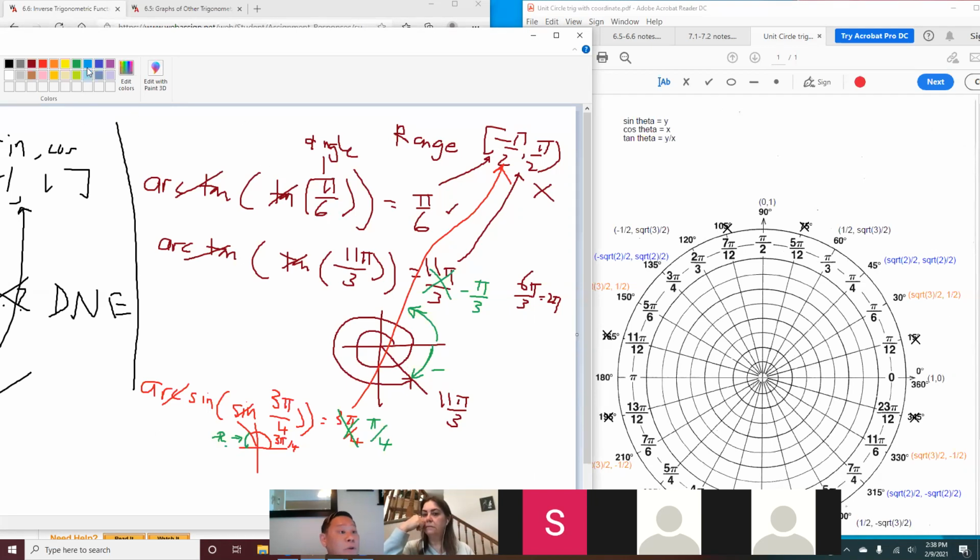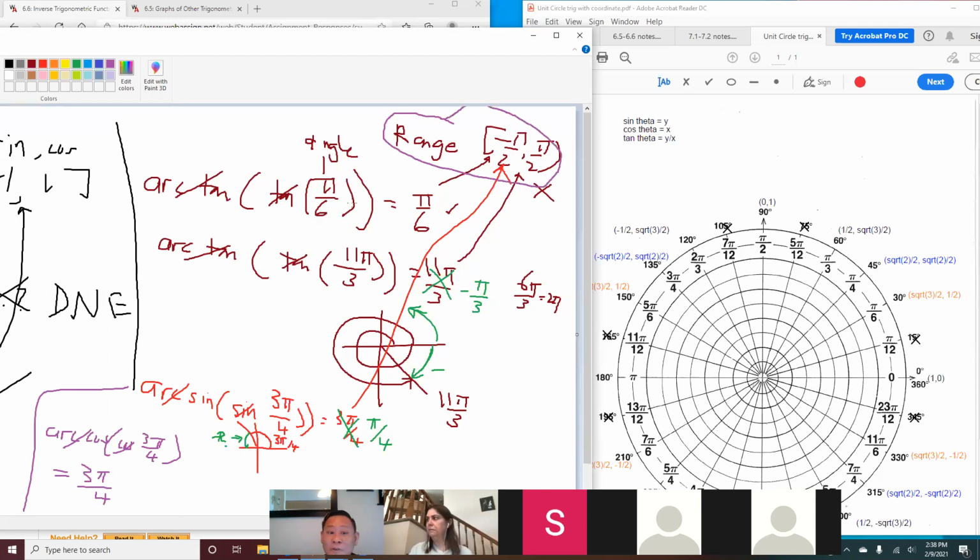Okay. Let's do cosine, because cosine is special. Let's go back to 3 pi over 4. So cancel this, you get 3 pi over 4, right? Does anyone know what the range is for arccosine? It's not this.